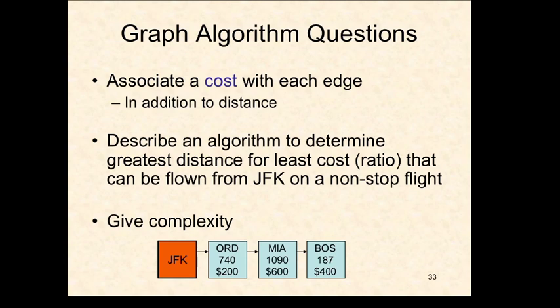And now I want to know the greatest distance for the least cost. Like, I want to get out of New York. I want to go as far as possible for the least amount of money, relatively speaking. And this is, again, a nonstop flight, just a direct connection. So I want to find the greatest distance for least cost.